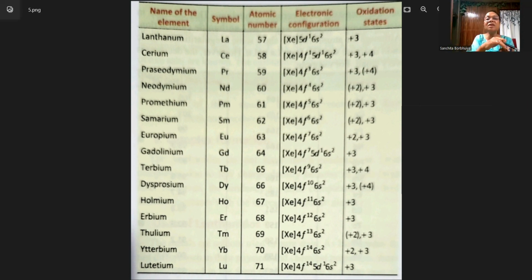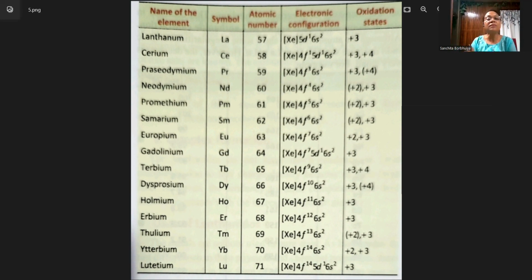So the electron can jump from the 5D to the 4F subshell. So you get the 4F3 configuration for neodymium. It's very easy to remember. Whenever you have F1, F3, F2 is missing. So F1, F3, F4, F5, F6, F7. Yes, only F1 has the 5D filled up. So this is the electronic configuration.